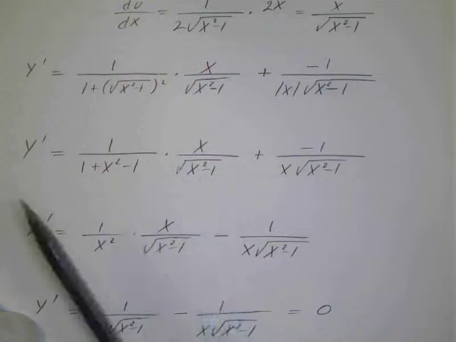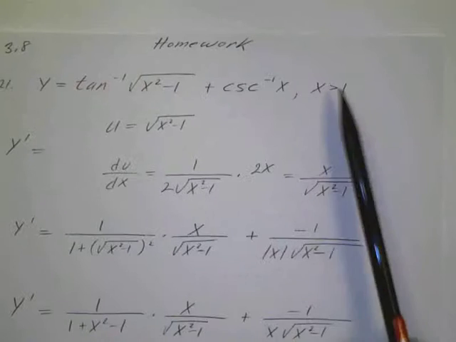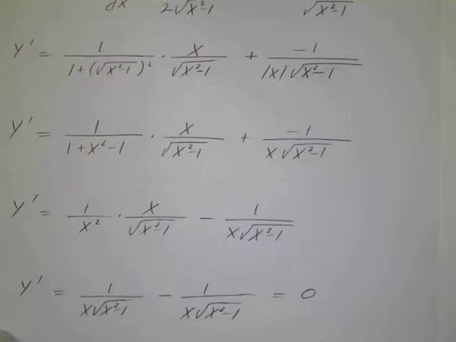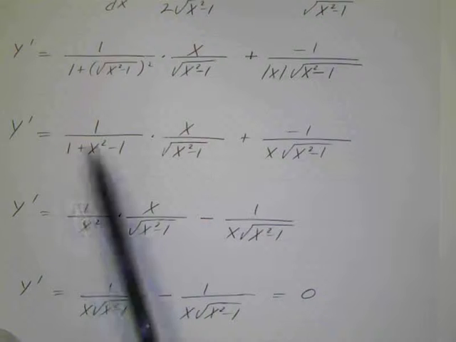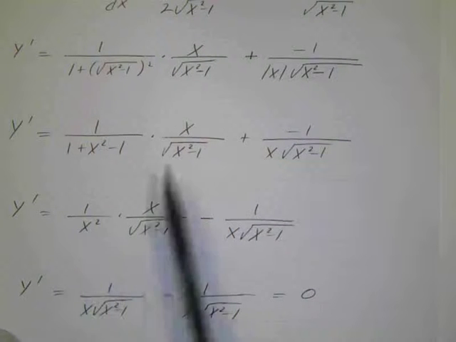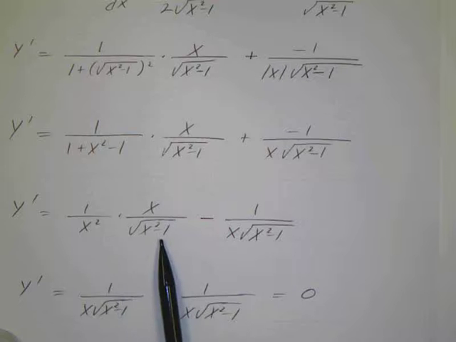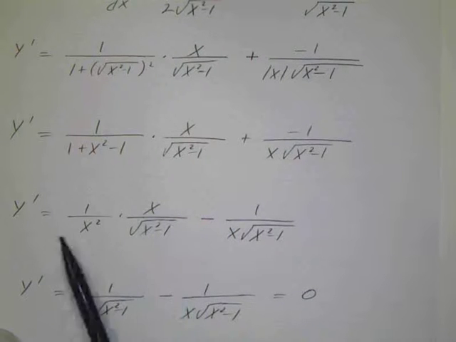And since x is greater than 0 up here, we won't need the absolute value sign, so we can discard that. Okay, so this 1 minus 1 is 0, so I've got 1 over x squared times x over the square root of x squared minus 1. Now remember, x is greater than 0, so x over x is 1.